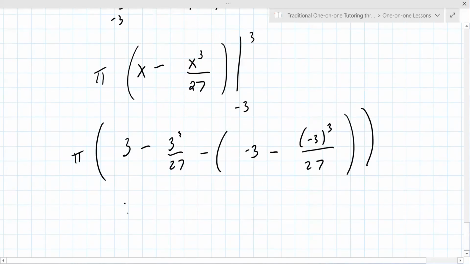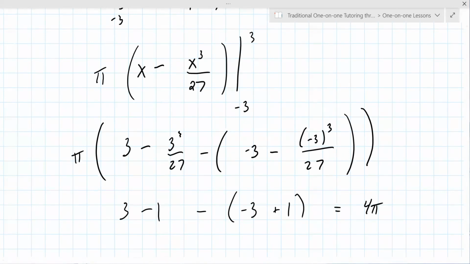So this is 3 minus 1 minus -3. This is minus 27. So it's +1 minus 2 becomes +2. Looks like it's 4 pi. And you're all done. Cool. Not too bad.